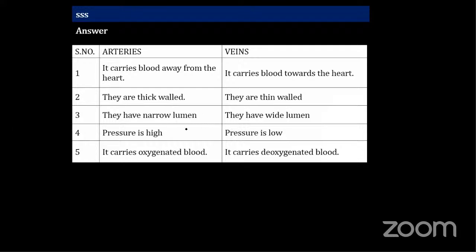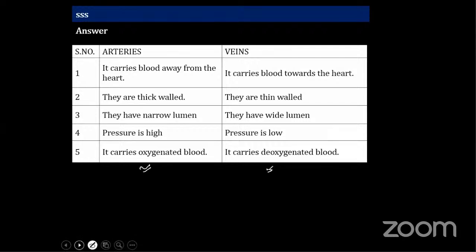Pressure is very high in arteries, that's why their walls are also elastic. In veins, the pressure is low. Another point of difference is valves. We are not going to find valves in arteries. And arteries carry oxygenated blood, and veins carry deoxygenated blood. So this is a very important question.